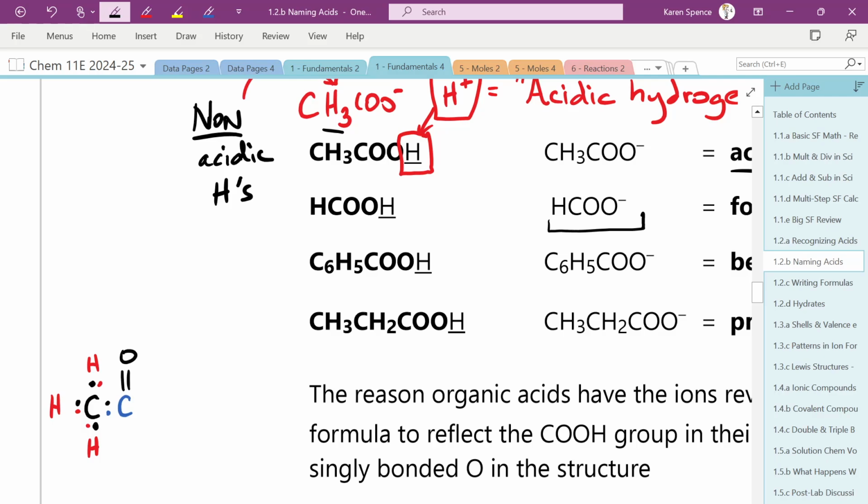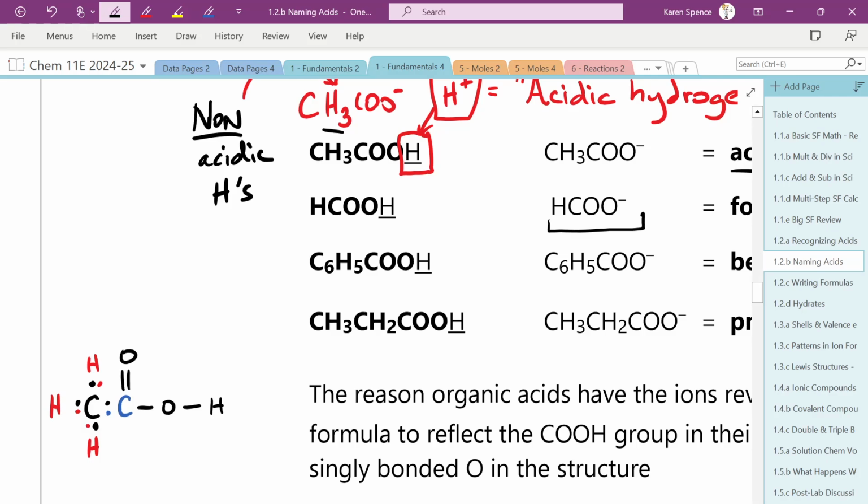Now, have you guys done double bonds at this point? Some of you have. If you haven't, don't worry, like I said, we're going to go through this. There's a double bond to the O, and there's a single bond to the other O, and then it's attached to an H. So we have COOH, and every time you have a COOH group on an organic compound, what's an organic compound?